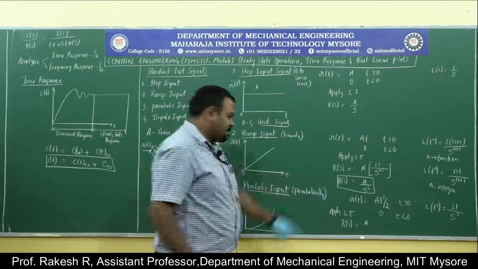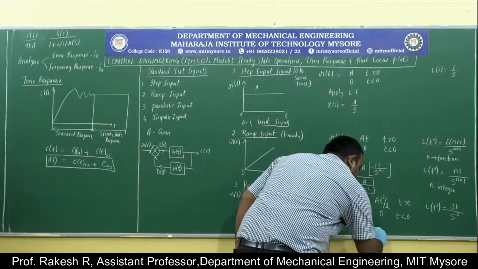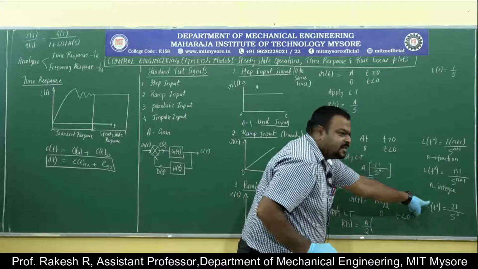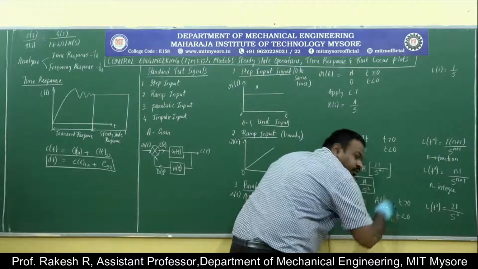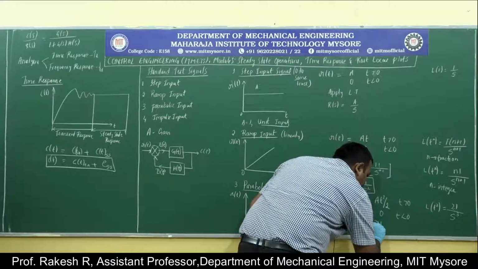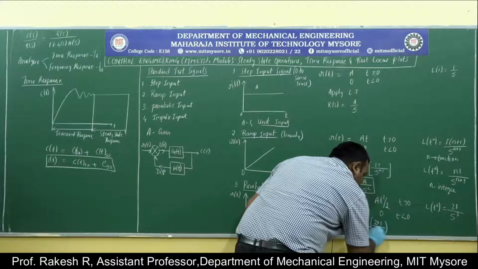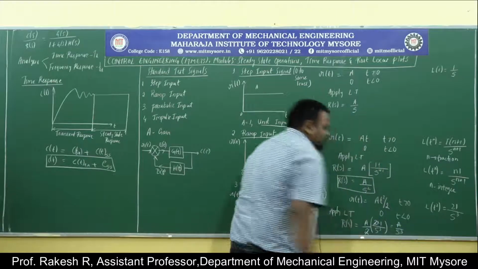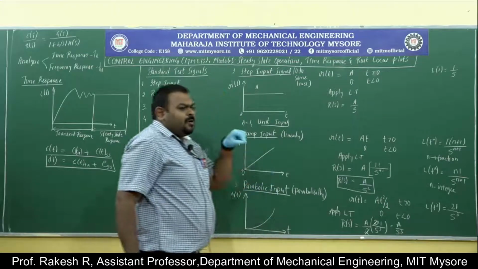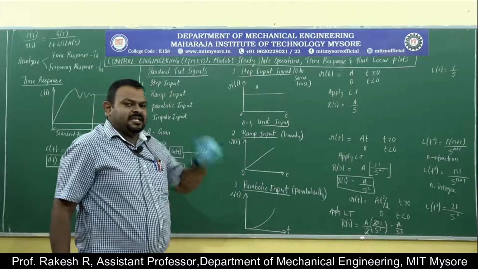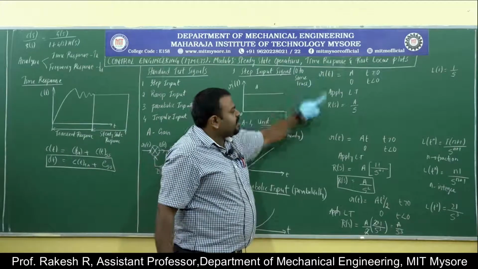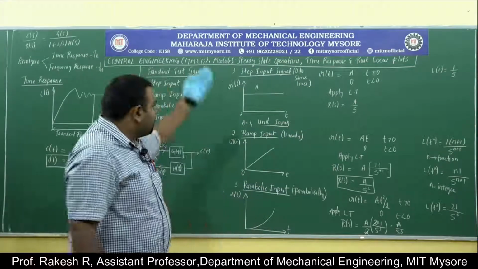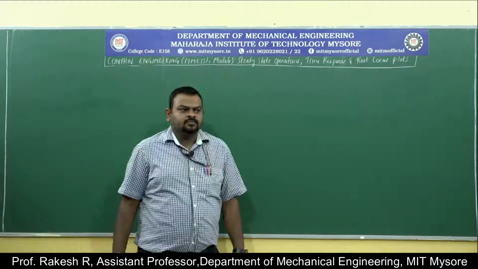If I substitute this here, this is A by 2, I will take out common. What is the Laplace transformation of t square? 2 factorial is 2 into 1 divided by s cube. So 2 will get cancelled, you will get A divided by s cube. So we will be representing the signal in terms of time domain as well as s domain. So this is very important for these 3 inputs.